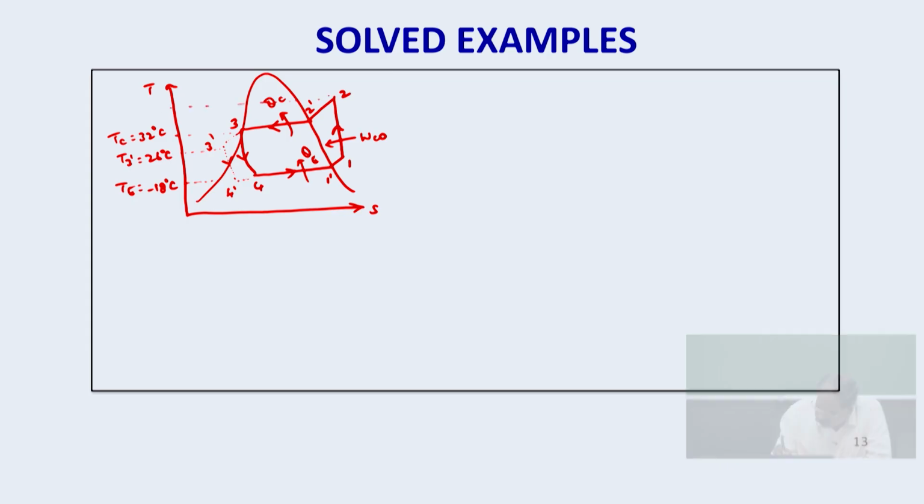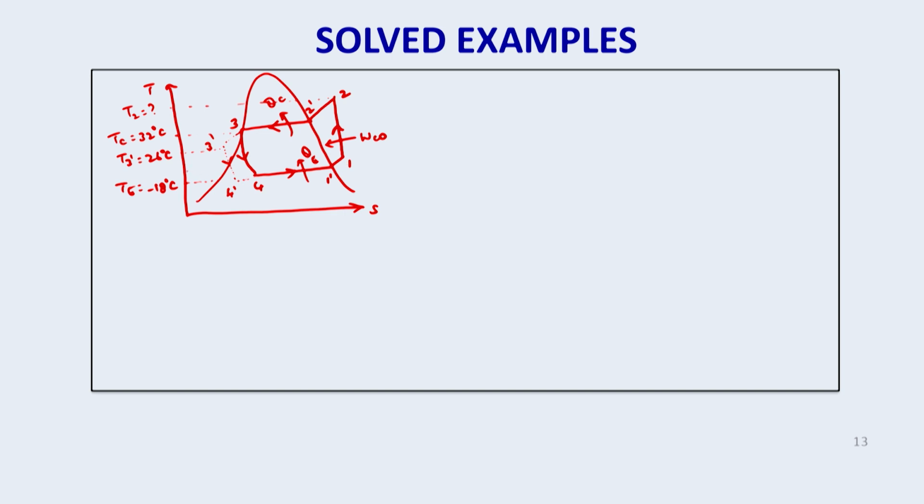We don't know the temperature T2, the temperature of the refrigerant after it is compressed, and this is also given. T1 is given. The refrigerant is superheated to minus 10 degrees centigrade.